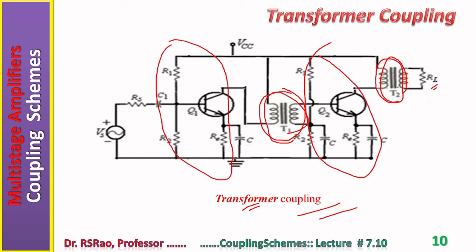RL is the load. The load is connected through a transformer to the second stage. This is also an example of transformer coupling. But when you come to the first stage, the source is connected to the input of the first stage through a capacitor. This is an example of RC. So in the circuit, you can find one RC coupling and two transformer couplings.